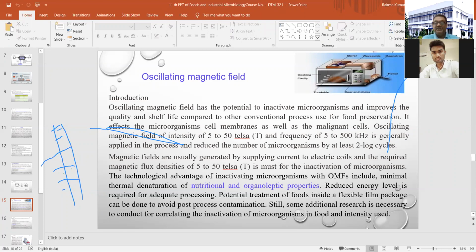Reduced energy level is required for adequate processing. There is potential treatment of food inside the flexible film package. This can be done to avoid post-processing contamination. If you have already packed your food item and placed it inside the magnetic field and you are applying this method, automatically you will get a better product.